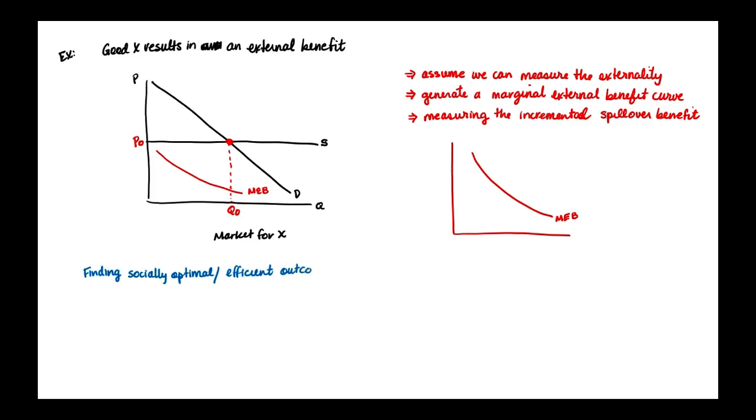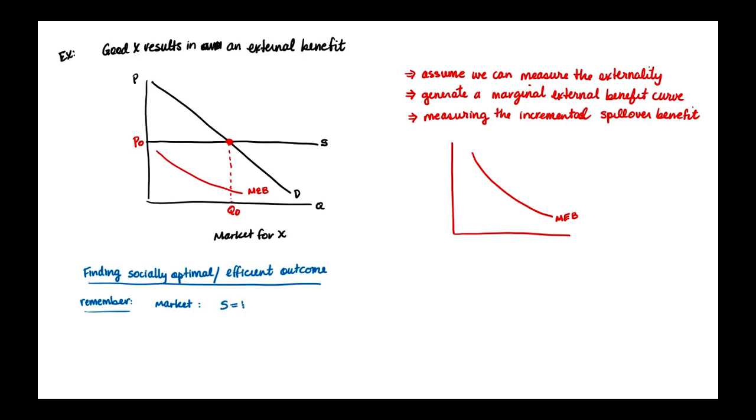So we want to find the socially optimal or efficient outcome. All right? But let's remind ourselves of what we know. The market is going to operate where? What's the equation that describes market equilibrium?